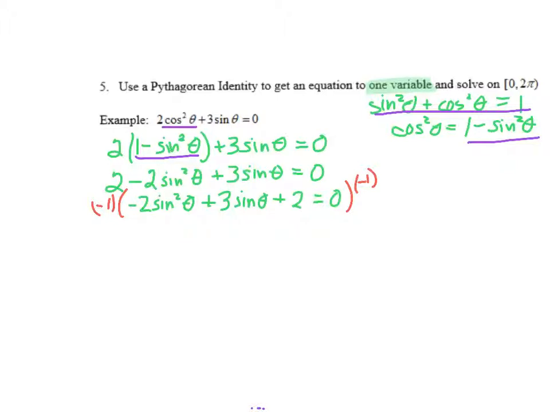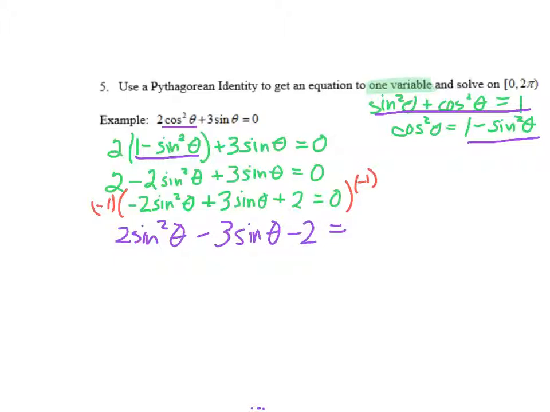Students often make mistakes when you try to factor a negative. So my strong advice to you is get rid of the negative. In this case, we're going to just multiply everything by -1 on both sides. And so we'll get positive 2 sine squared theta minus 3 sine theta minus 2.